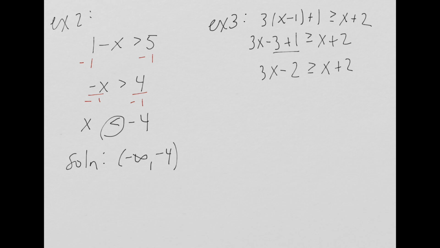Well, it's on both sides, so you got a choice. Either move the 3x to the other side or move the x to the left. I'm going to move my x. So I'll get 2x minus 2 greater than or equal to 2. Now I'll add 2 to both sides. So 2x greater than or equal to 4, which means x is greater than or equal to 2.